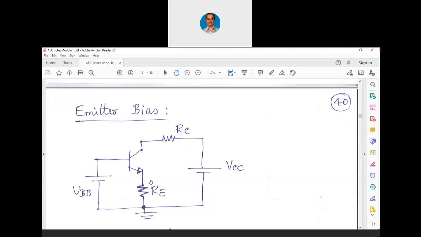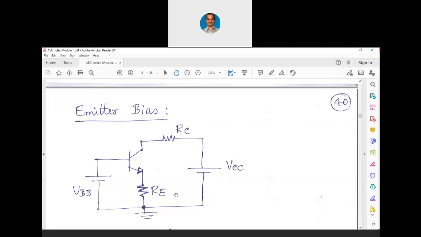Now, the disadvantage is the addition of one more resistor, but it does not matter much for us because resistors are not really very expensive. If this circuit is integrated into a silicon chip, then we have to pay the price for the area of the resistor, which is slightly larger than the transistor.